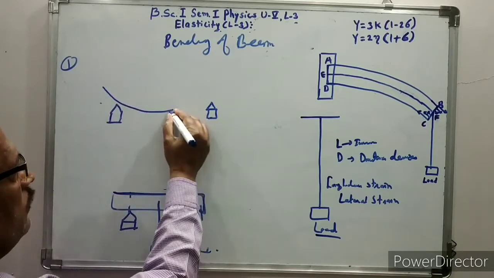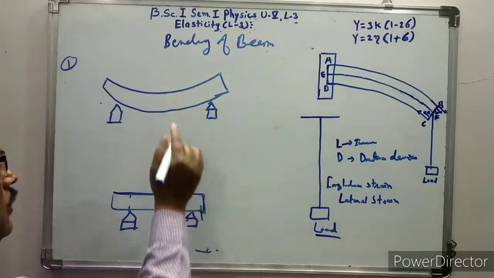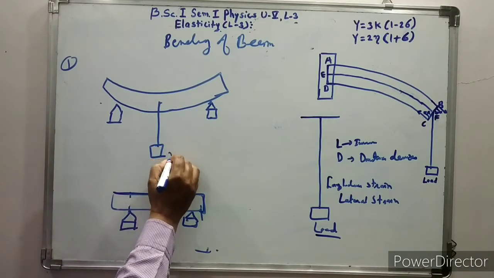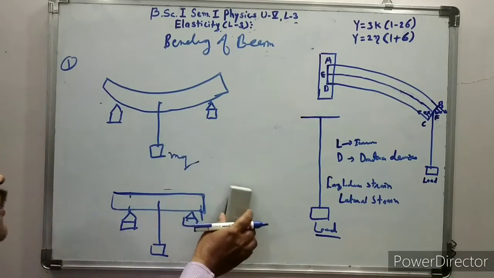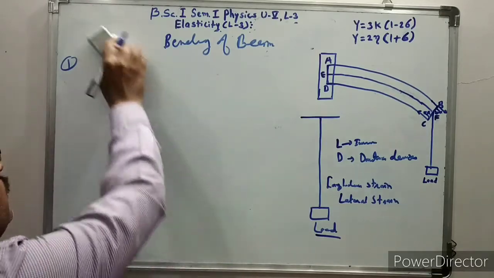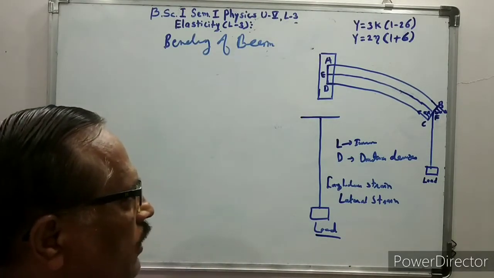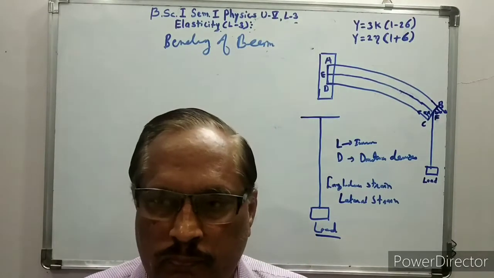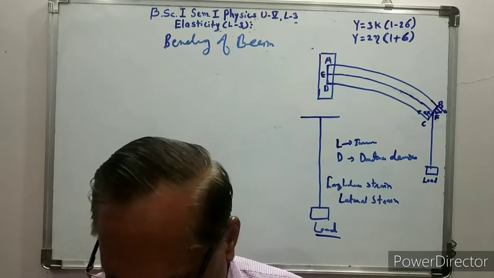So the bending can be done in two ways. The first is called a cantilever, when the beam is fixed horizontally at one end and loaded at the other, and in the other case the beam is fixed at two ends and loaded at the center.